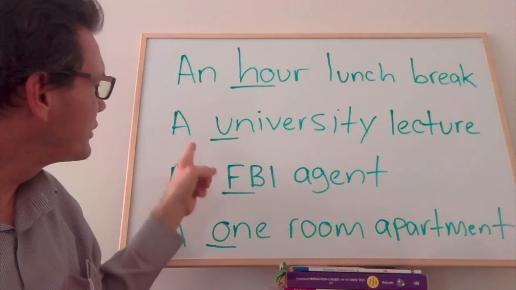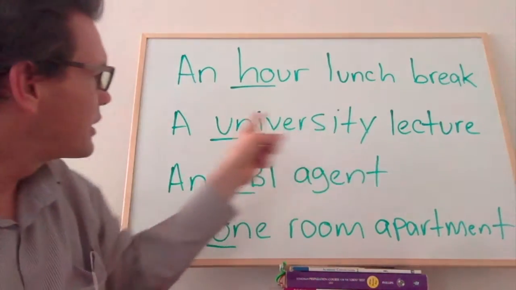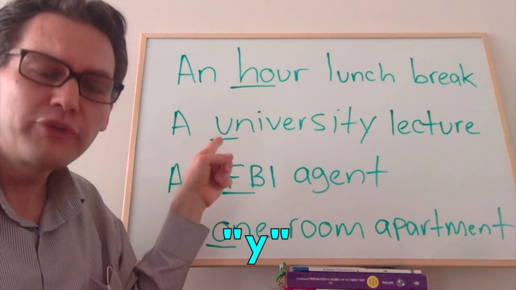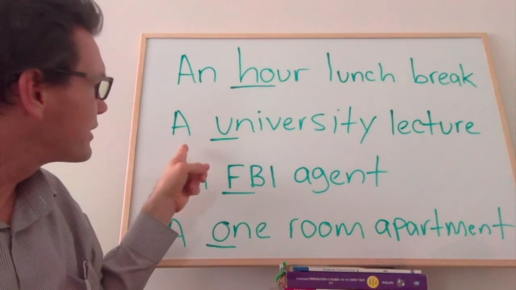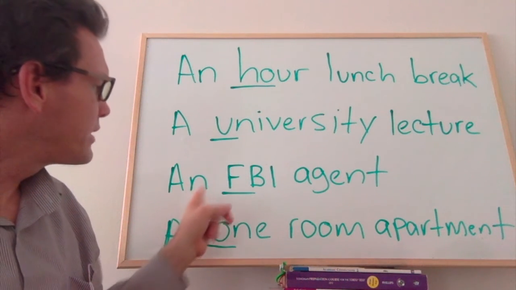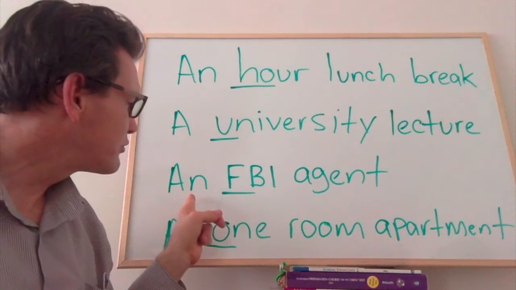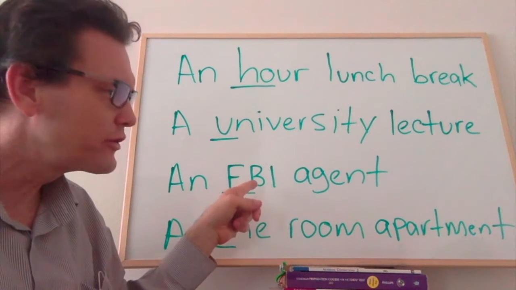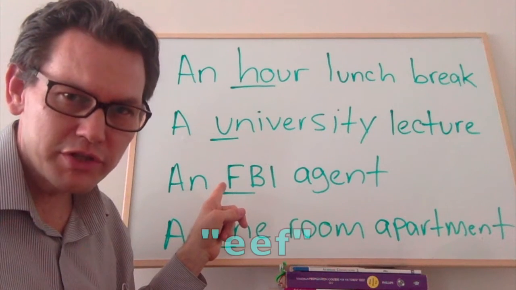The next one, a university lecture, a U. It sounds like U. So it's a U sound, so that's a consonant sound, so use a. Let's look at the third one here, an FBI agent. We use an because it sounds like a vowel sound here. Listen, an FBI agent.